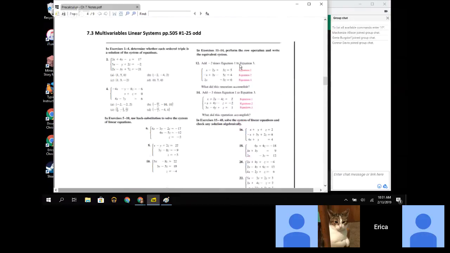Just to give you a little heads up, this is when we have 3 equations and 3 variables. So we have the methods of elimination and substitution that we used to do back in Algebra 2. And I'm going to teach you some other methods to solve these. There's one called Gaussian elimination that I'm going to teach you.